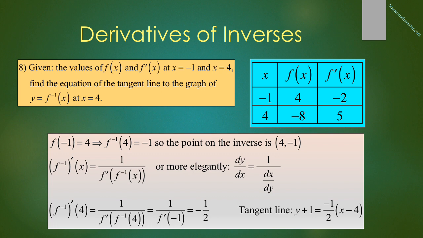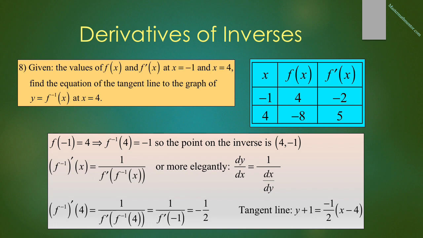And since f prime of negative 1 is negative 2, our answer is negative 1/2. So for our tangent line, we will now use the point slope formula to say, for the inverse, y plus 1 is equal to negative 1/2 quantity x minus 4.